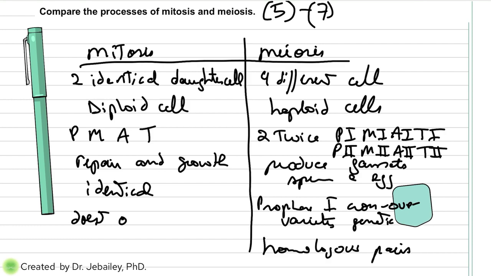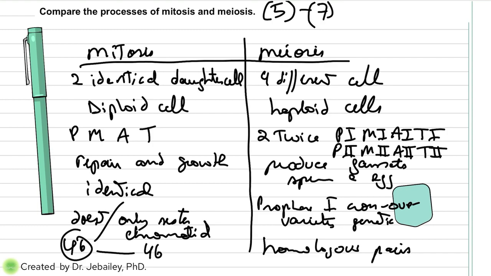It only has the sister chromatids. You can also put the numbers here. Here it starts with 46 and you end up with 46. Here you start with 46 and you end up with 23 chromosomes. So these are just some examples of mitosis and meiosis.